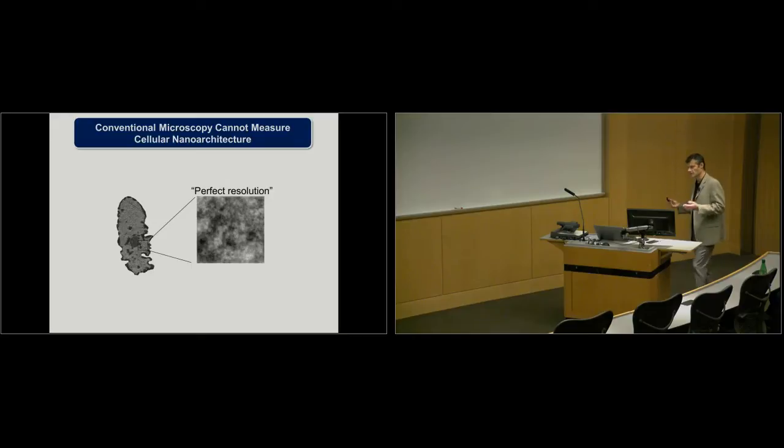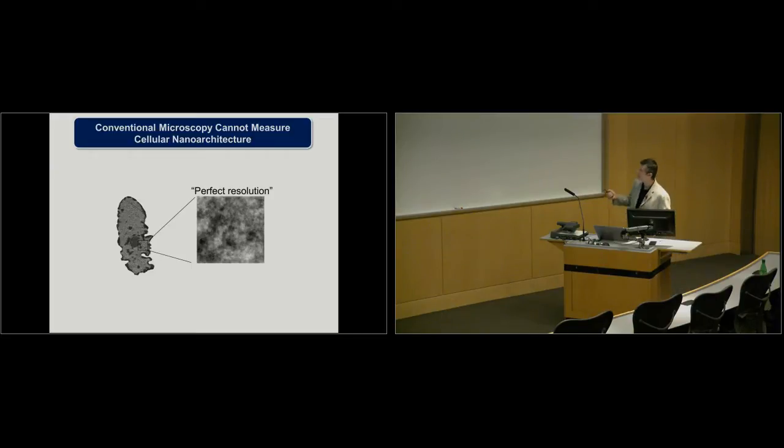Optical microscopy is the ideal tool to measure cell or tissue function and structure. The problem is the resolution. Conventional microscopy can't see structures below the diffraction limit, which is a few hundred nanometers.